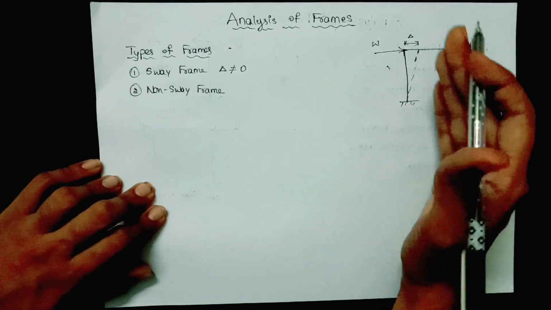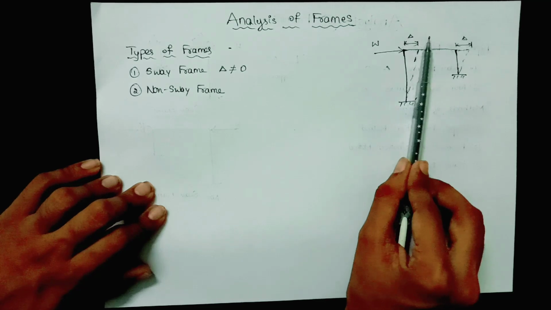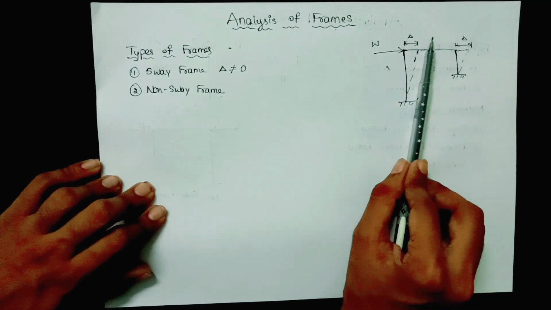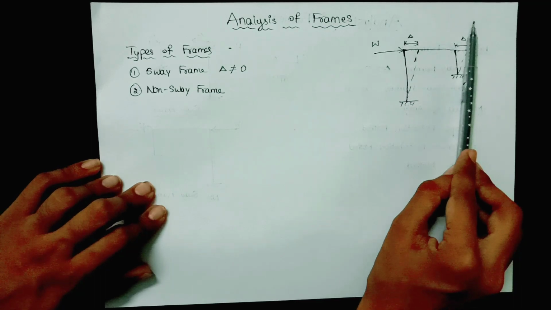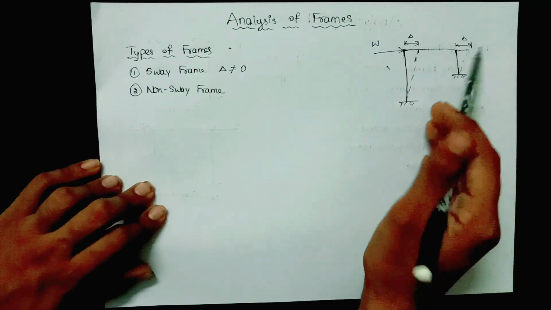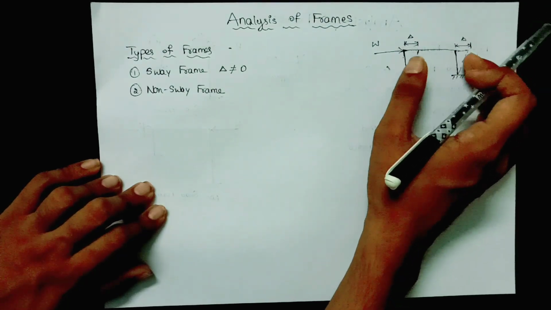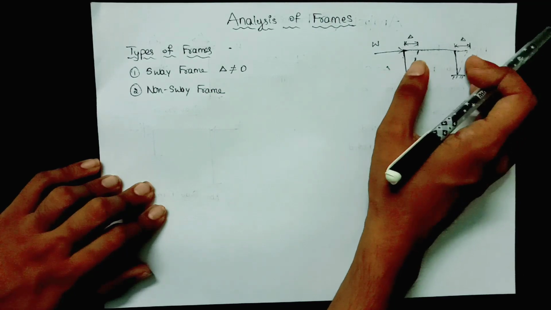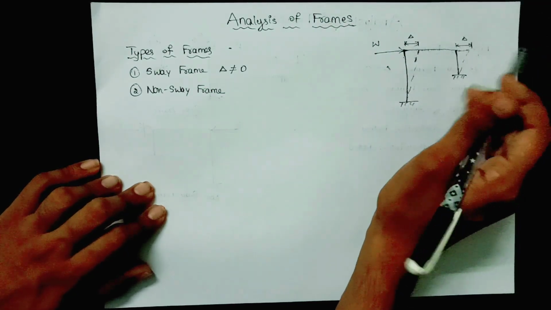The column, initially in vertical position, is deflecting by an amount delta. Similarly, this column is also deflecting by an amount of delta. The deflection is only in the columns but not in the beam. The beam is just shifting from its initial position, there is only shifting but no deflection. So the deflection in the beam is 0.